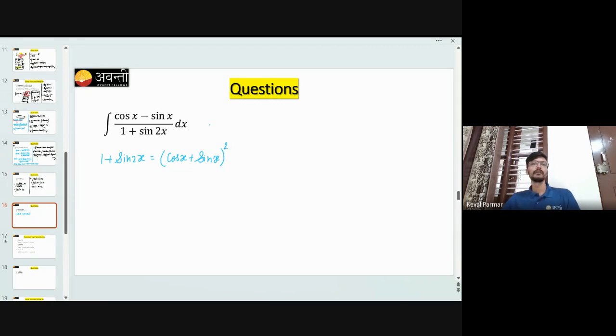Just see, this is a formula from trigonometry. Do you remember this? I hope you remember it. So that means I can write 1 plus sine 2x as cos x plus sine x the whole square.